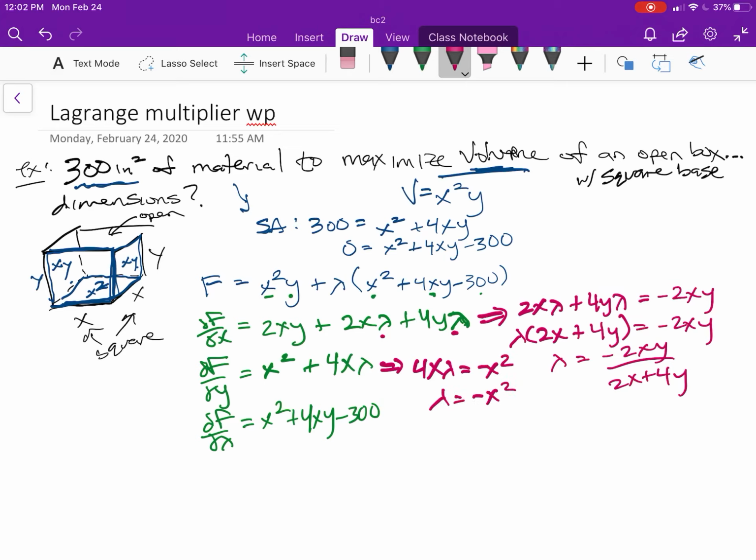Divide by 4x, lambda equals negative x squared over 4x. We could cancel one of the x's because it could eliminate a possibility, but more likely it's 0, because we can't divide by 0. So we'll just simplify, negative x over 4. Now, if lambda equals negative x over 4 and lambda equals negative 2xy over 2x plus 4y, then that means they equal each other.